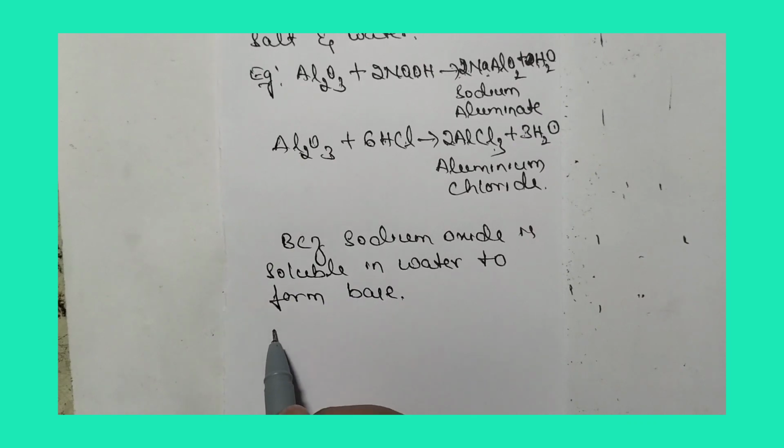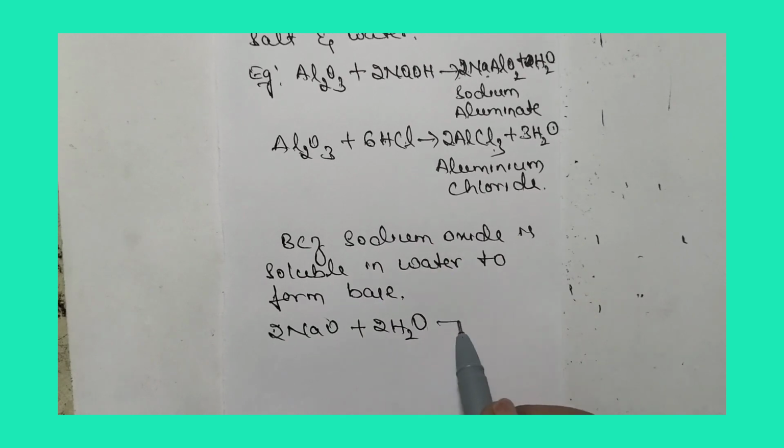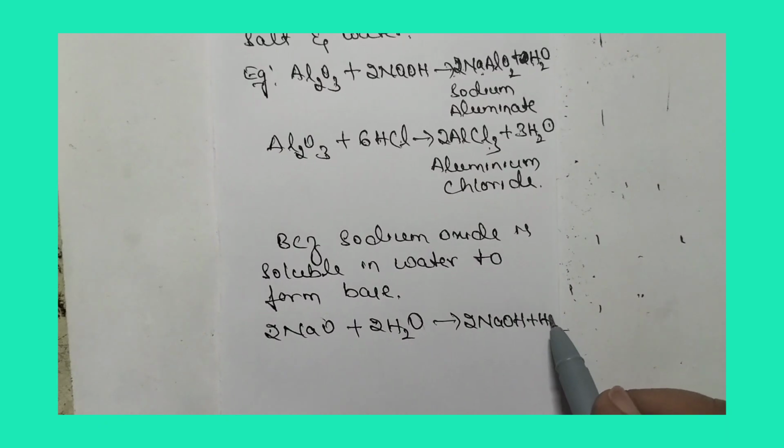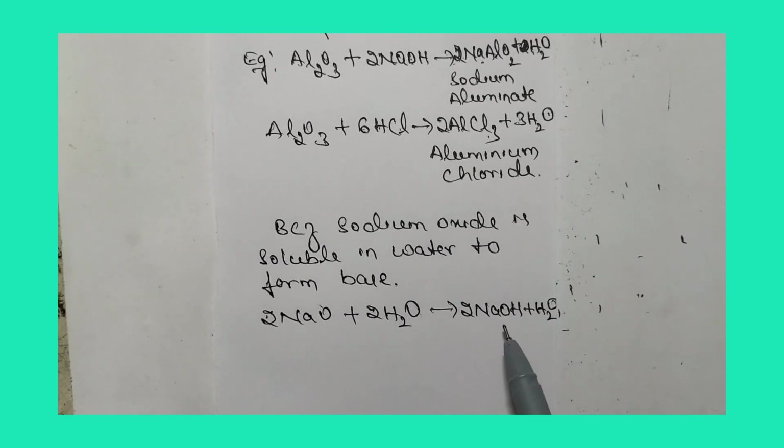So let us write the equation: sodium oxide is soluble in water to form 2NaOH. So it forms sodium hydroxide.